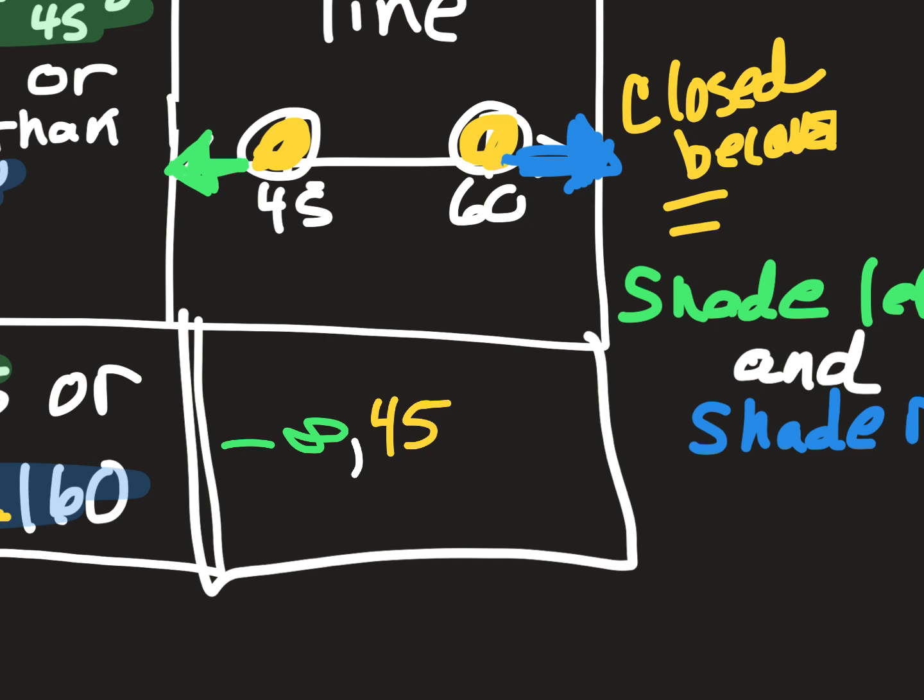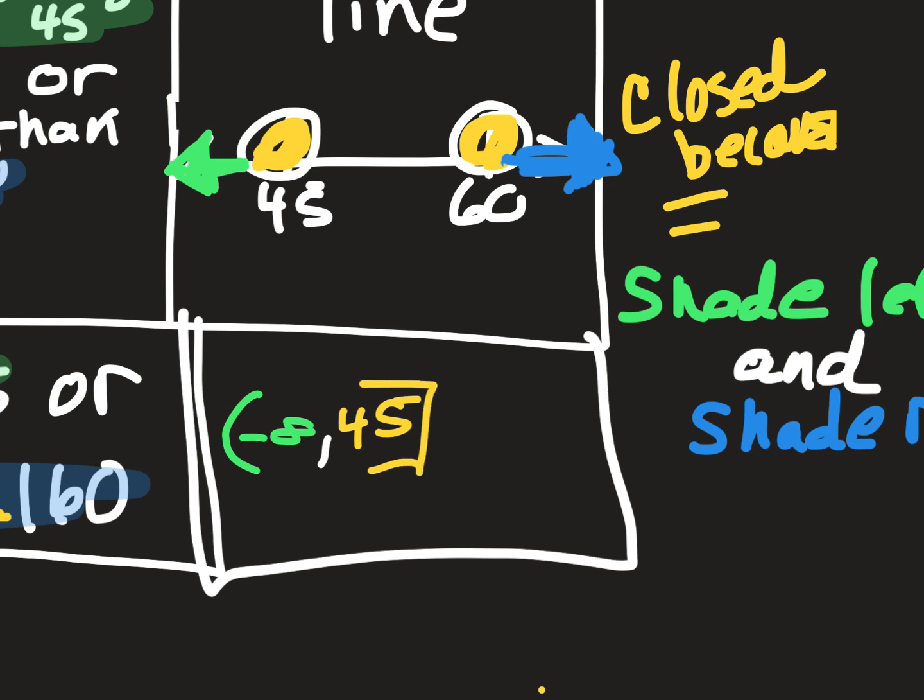Okay. First of all, I need to put brackets on either side of that. So for the negative infinity, am I going to put a hard bracket or a parenthesis? That parenthesis, right? Because you can't have an exact value to infinity. What about the 45?